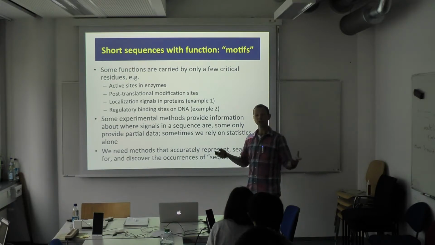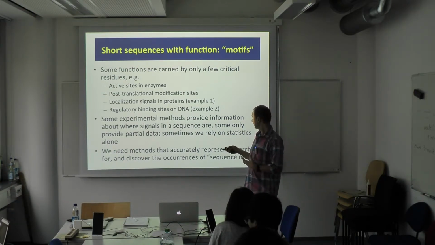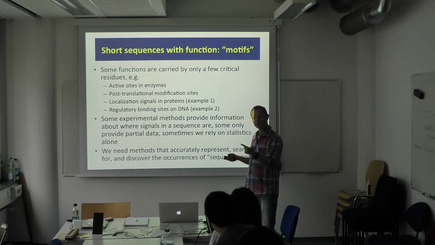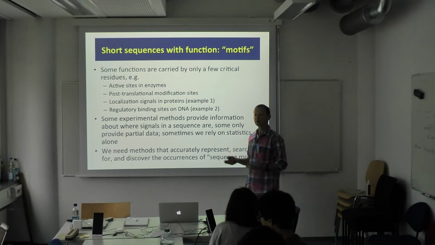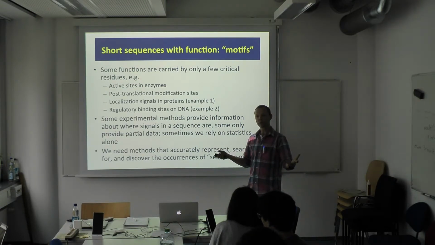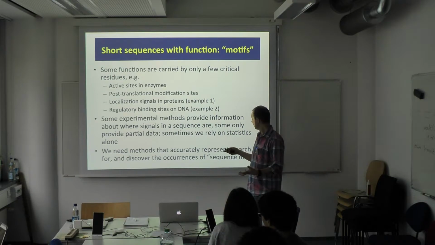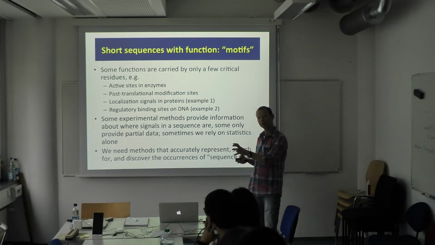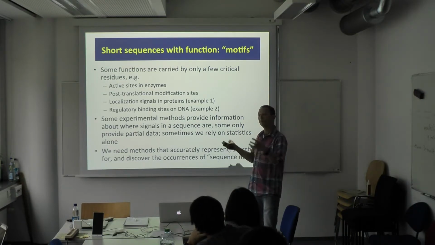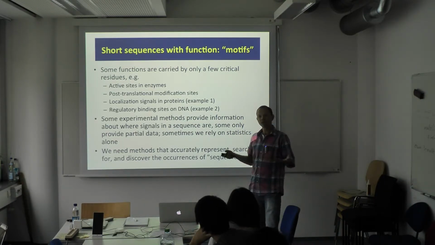So it's ubiquitous in biological sequence. We'd like to have methods that are effective to both represent, find, and discover them. Of course, our data sets will be invaluable to us, and some of those data sets will be very rigorous and rich in information. We might have detailed structural data that allows us to say exactly what kind of sequences make up these motifs, or it might just be partial.